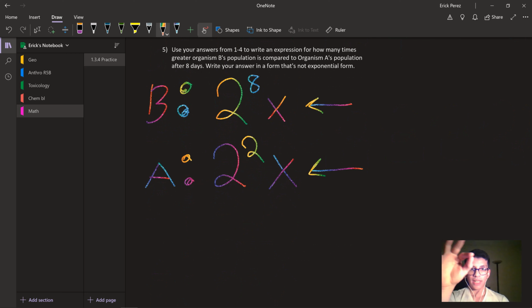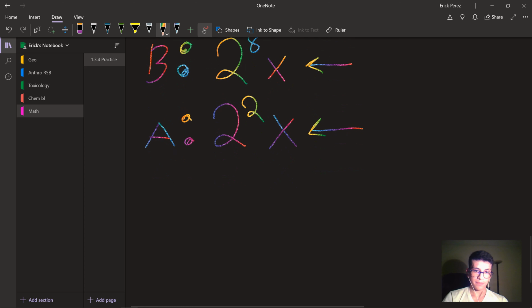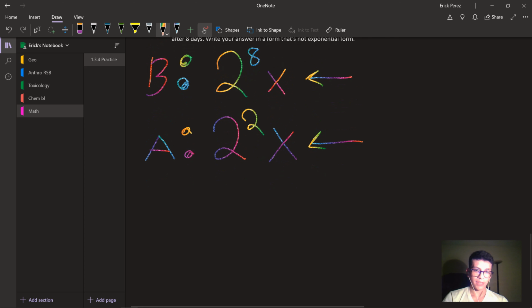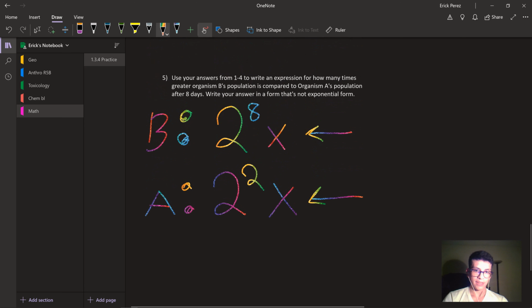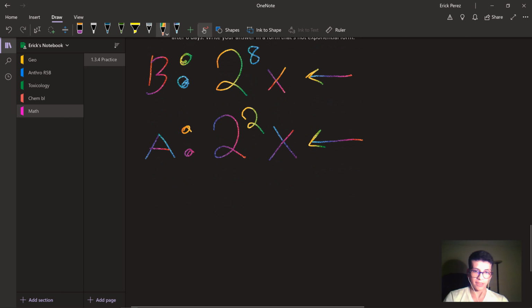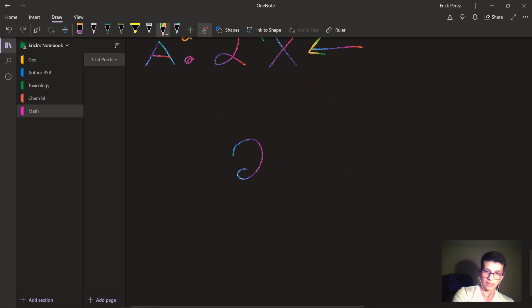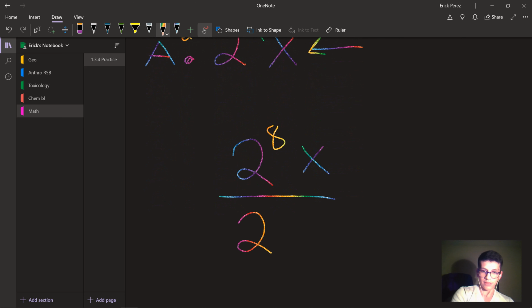Okay. How the heck do we find out how much bigger population B is compared to population A? To find that out, we have to divide. We have to divide these numbers by each other. So 2 to the 8th x over 2 to the 2x.